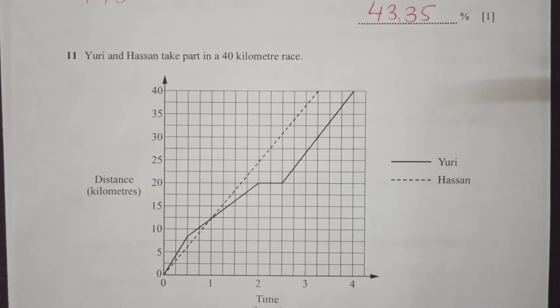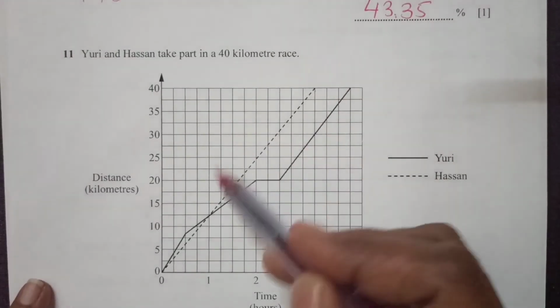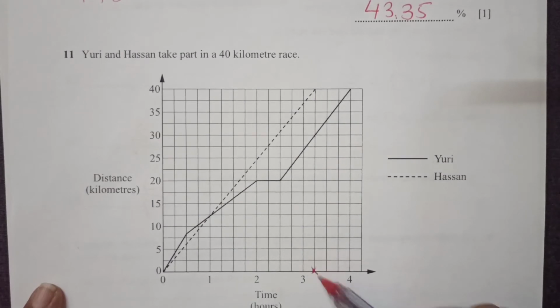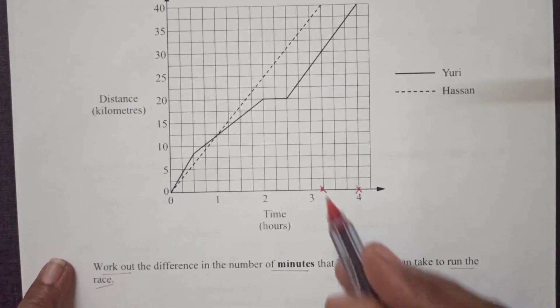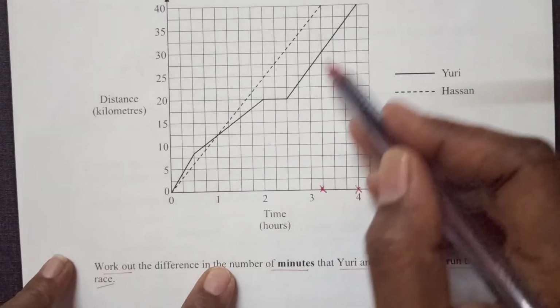So now let's see when they finish the race. Who is this? This is Hassan, dotted line. He finishes his race here, and Yuri finishes his race here. This time is in hours. Let's say who took more time.